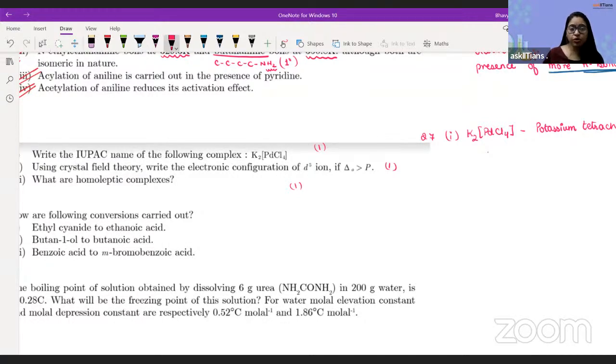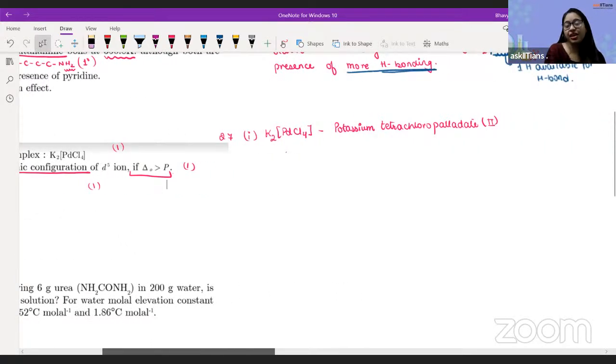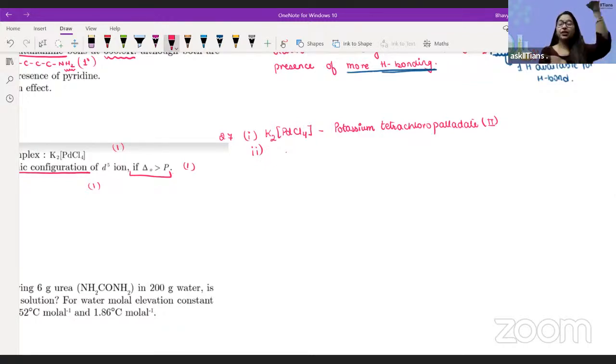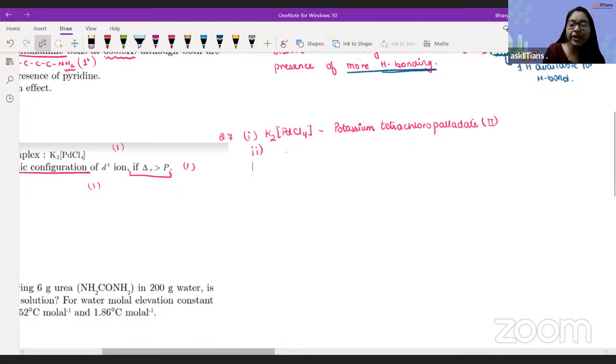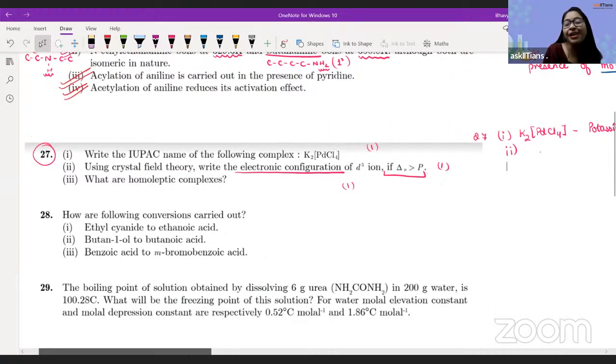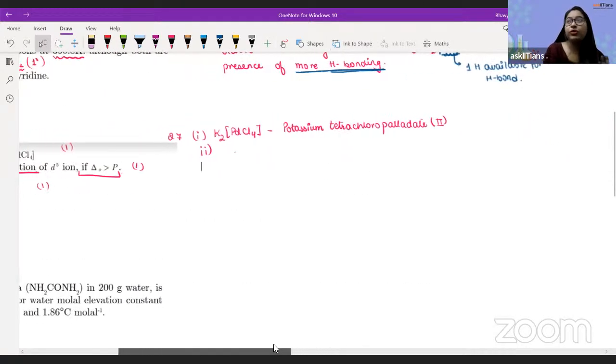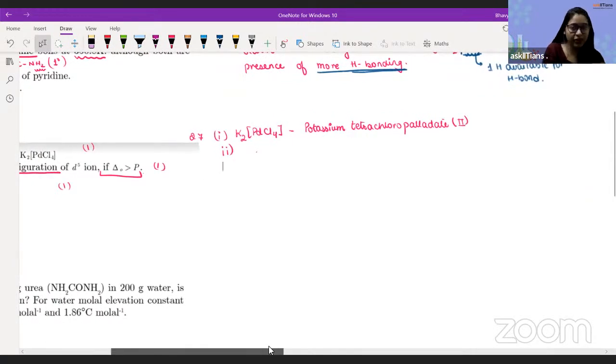Then they say that using crystal field theory, write the electronic configuration. I just have to write the electronic configuration of a d5 ion if delta naught is greater than the pairing energy. Now, you know that in the CFT part, the d orbitals split into t2g and eg. They have not mentioned which type of complex they want, octahedral or tetrahedral.